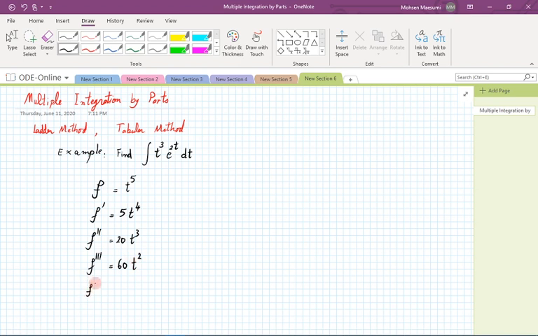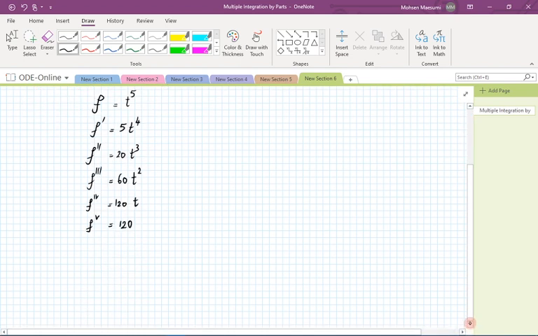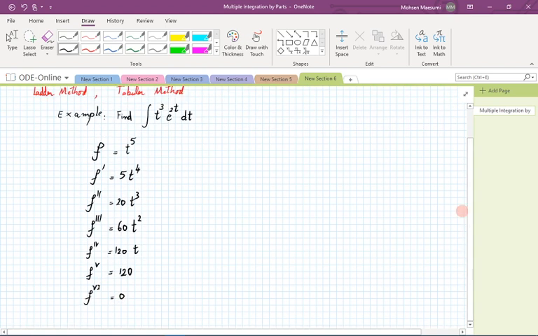Fourth derivative, 120t. Fifth derivative is going to be just 120, and then sixth derivative is just 0. So one thing you notice is that if I have a polynomial of degree 5, by the time I take the sixth derivative of it, I'm going to hit 0. If you take one more level of derivative than the highest power of a polynomial, you do hit 0.